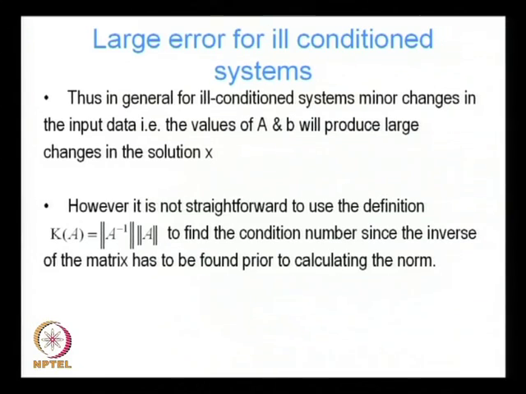So we have to come up with certain other ways of computing the bounds on the error in a linear system, but a condition number, if known, gives me very detailed information about the error bound if there is an error in the coefficient matrix or in the right hand side.